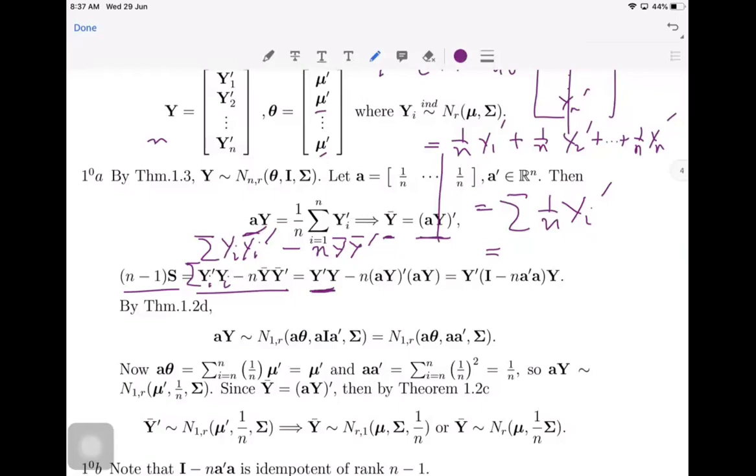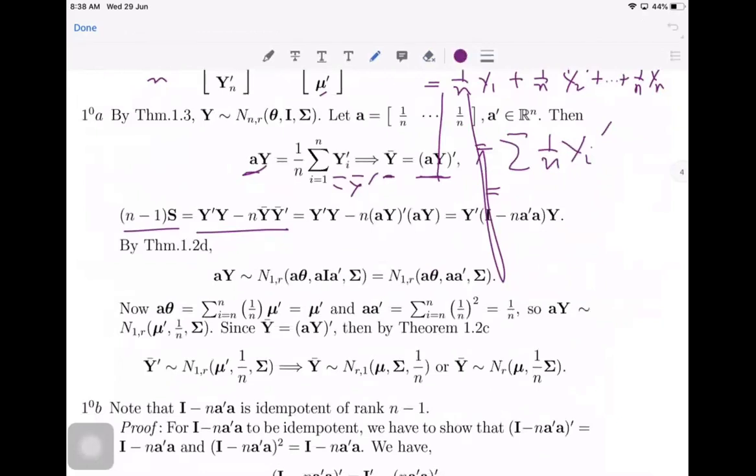Okay, this is because n minus 1 S is the summation of y_i prime minus n y bar prime, no?